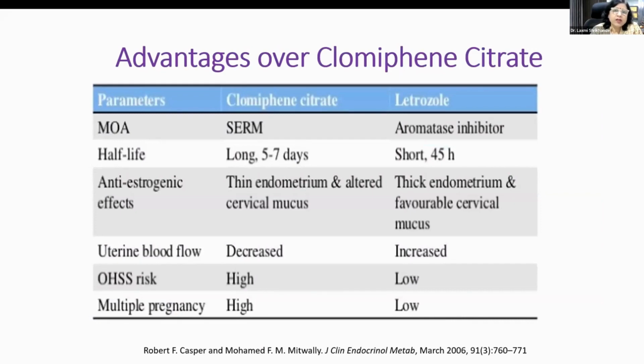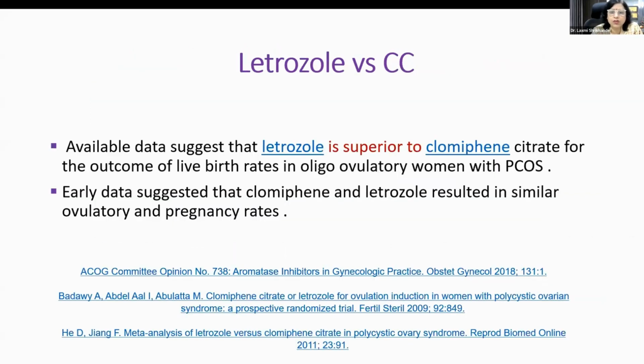The advantages of letrozole over clomiphene citrate are many. The first and foremost is that it does not have any anti-estrogenic effect. The blood flow of the uterus is increased, the OHSS risk is low, multiple pregnancy risk is also low.